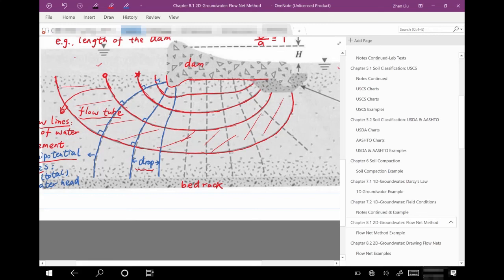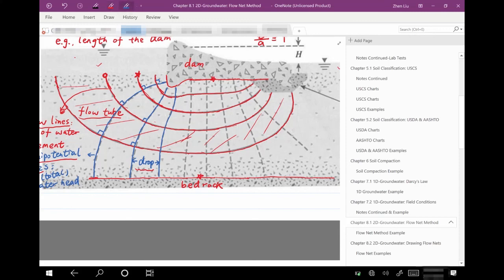So that boundary will also be a flow line because water can only move along it. So this is also a flow line. I will mark this using a red color. So you can see that we have 2 flow lines on the top and the lower boundary of the soil layer.